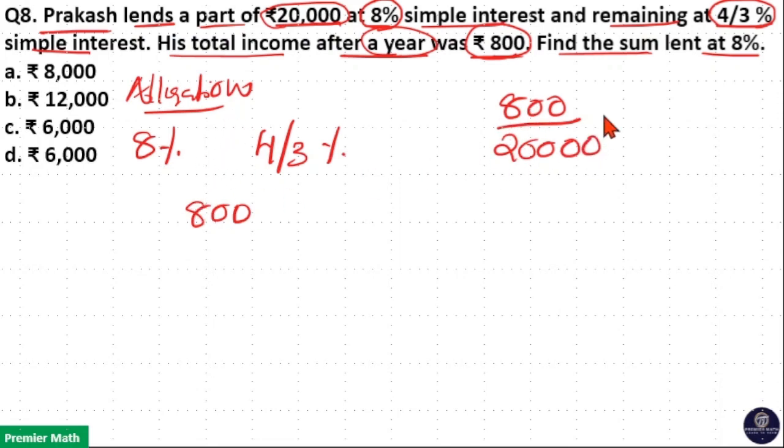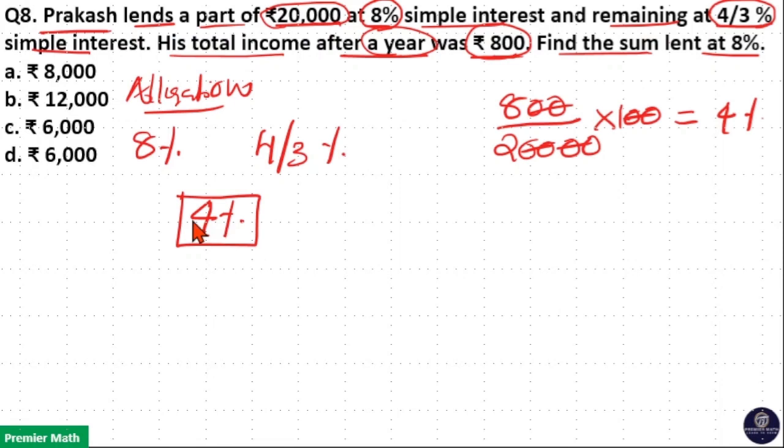So 800 out of 20,000 is, 0 cancel, 0 cancel, 8/2 is 4%. So 800 is 4% of 20,000. So write 4% in the middle. Now you can see this 8% simple interest and 4/3% simple interest constitute this 4%.